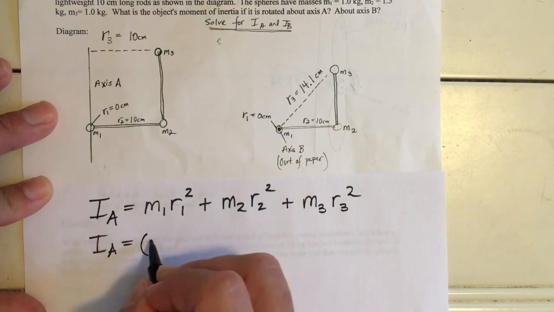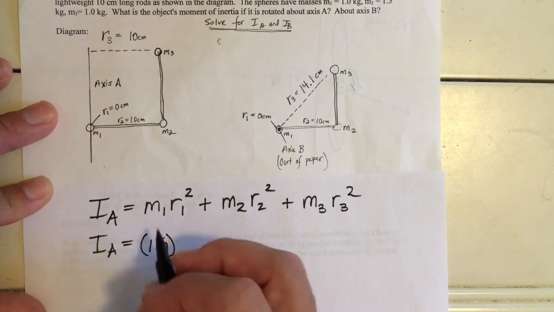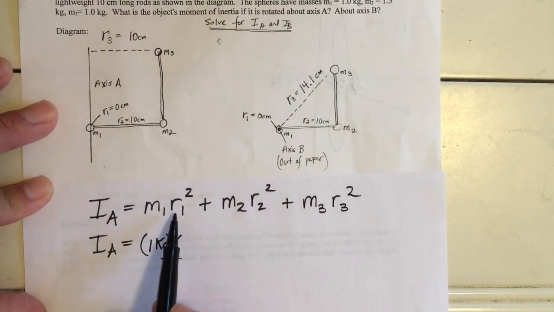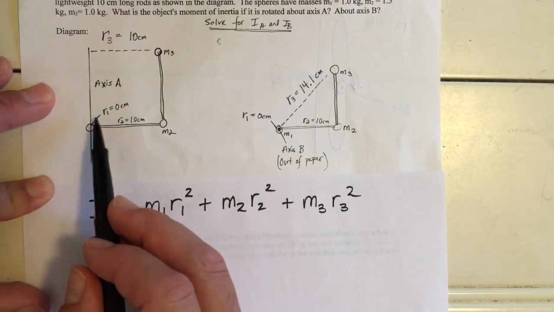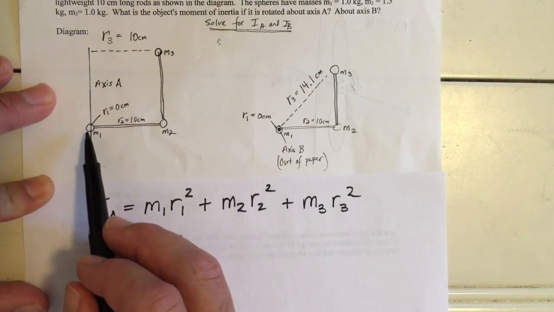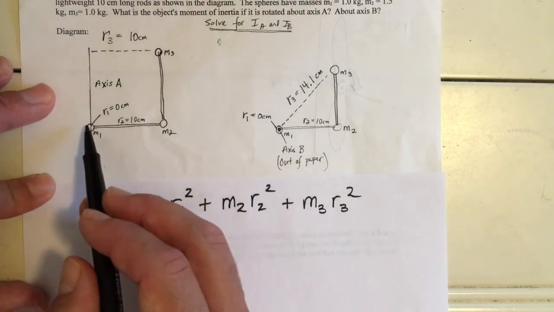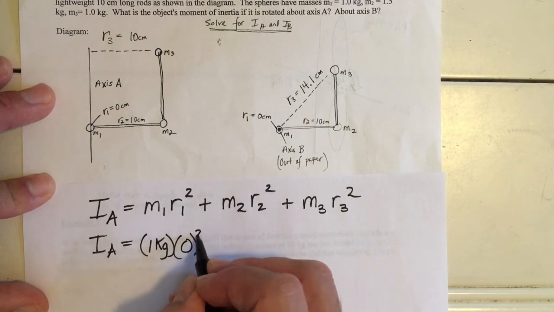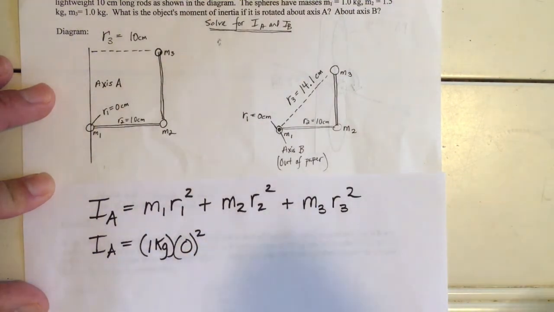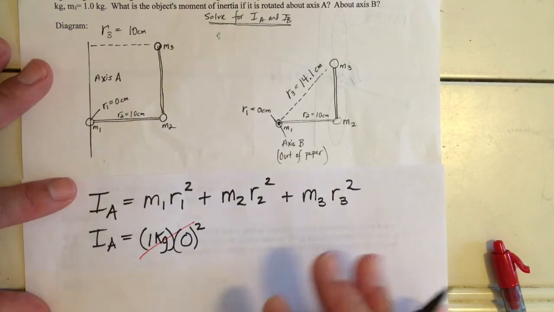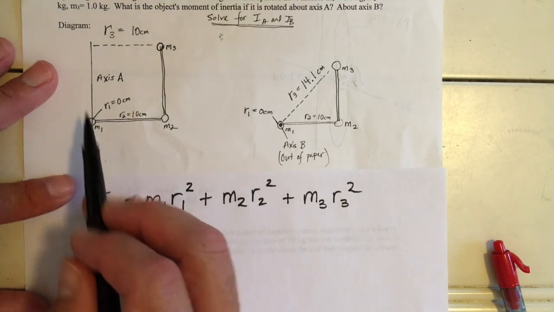M1 is 1 kilogram. They're all different masses, but they're the same three masses in both cases. Now, here it gets tricky. How far is R1 from the axis of rotation? The axis of rotation is right here. R1 is at the axis of rotation, so it does not contribute any moment of inertia, because moment of inertia requires a distance from the axis of rotation, so this distance is just going to be 0. So we're going to go ahead and get rid of this. Mass 1 does not contribute to the rotational mass because the axis of rotation is right through it.